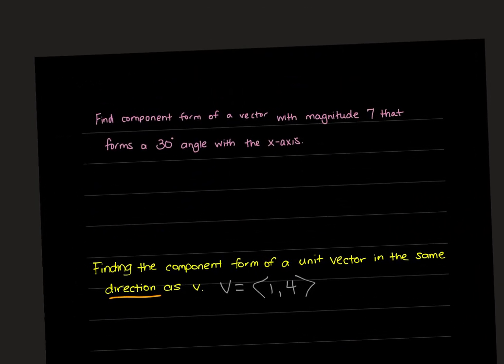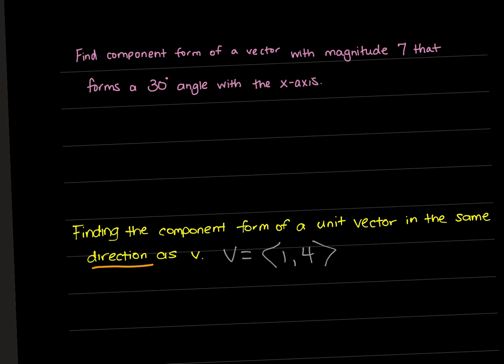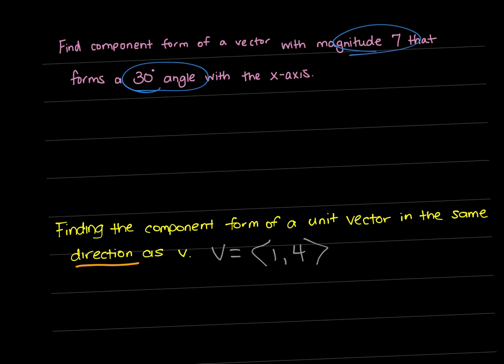All right, then we had stuff like find the component form of a vector with a magnitude of 7 that forms a 30-degree angle with the x-axis. So if you're given the angle, which is the case here, and the magnitude, we find the component form by doing the magnitude times the cosine of theta, comma, the magnitude times the sine of theta.